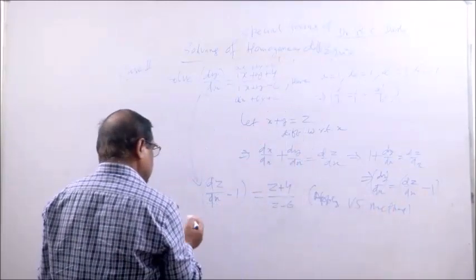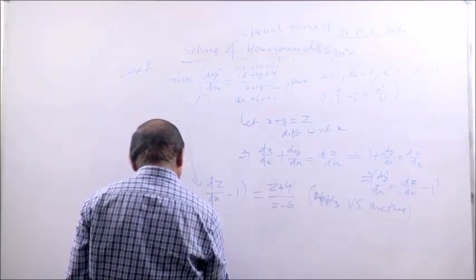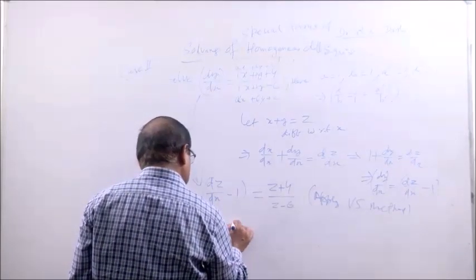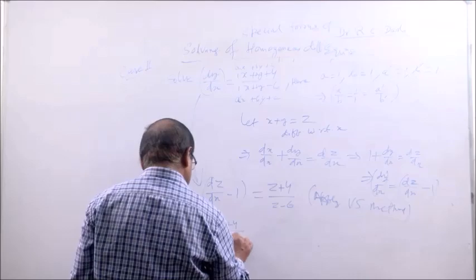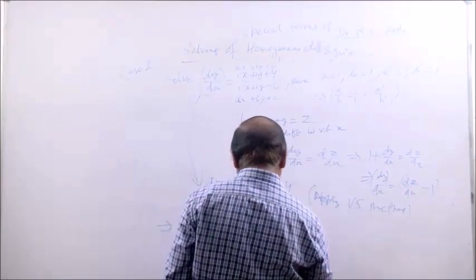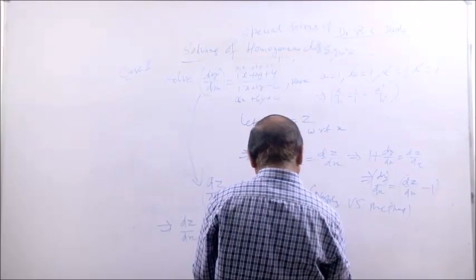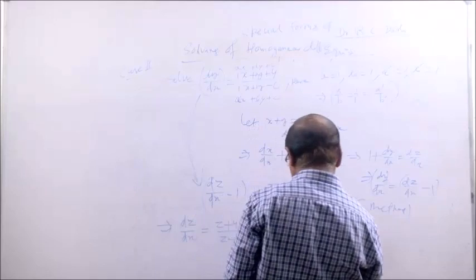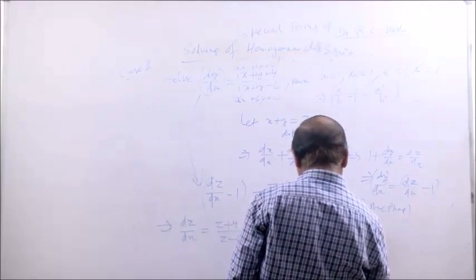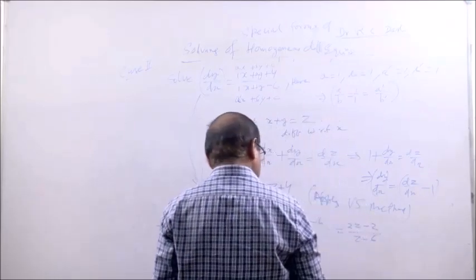So let us separate these things. So dz by dx is equal to (z plus 4)/(z minus 6) plus 1. Ultimately this will be (z plus 4 plus z minus 6)/(z minus 6). So this will be (2z minus 2)/(z minus 6), right.